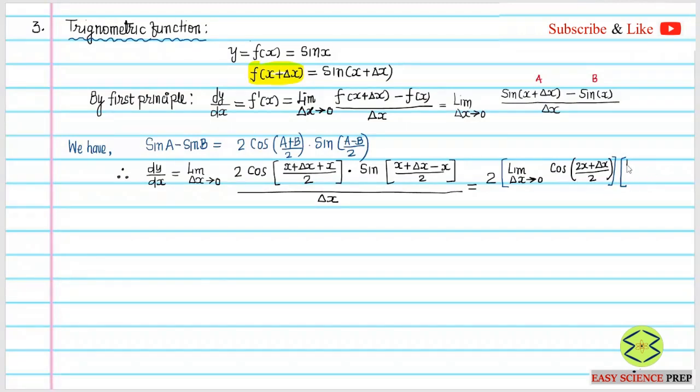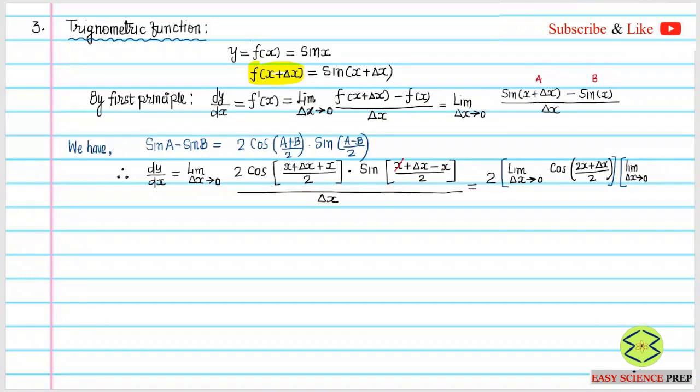So what you will be getting, limit delta x tends to 0. Now you will see here this x and this x get cancelled out, so you will be getting delta x by 2 remaining.